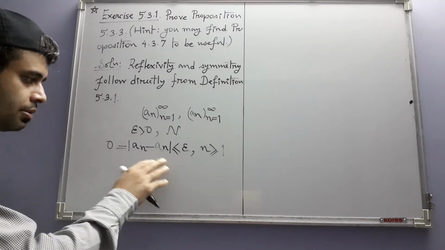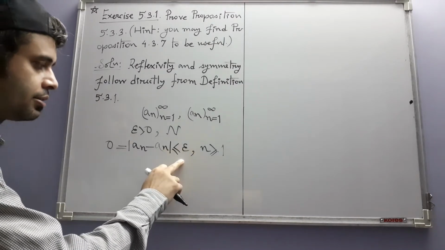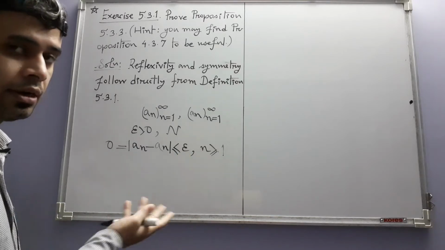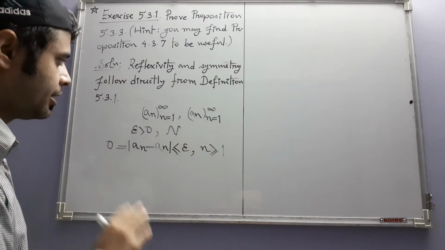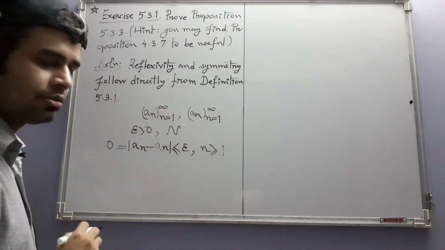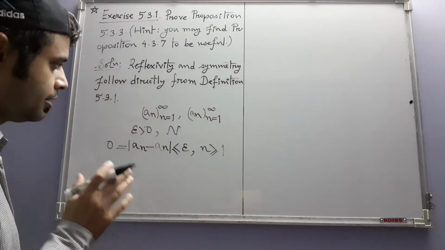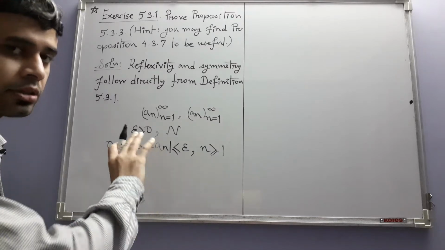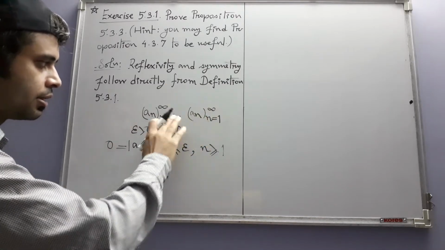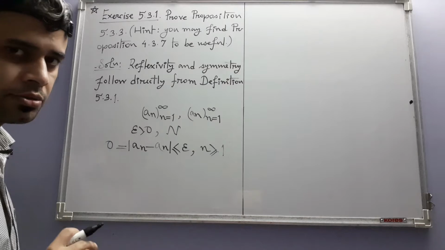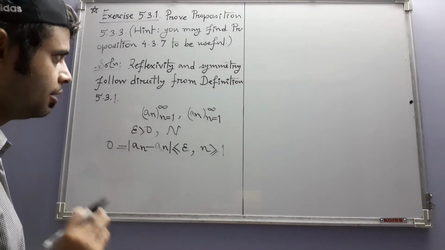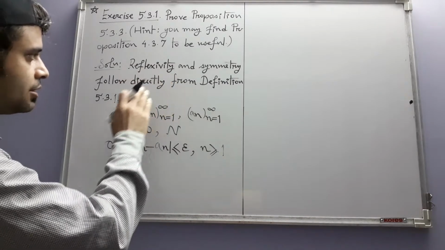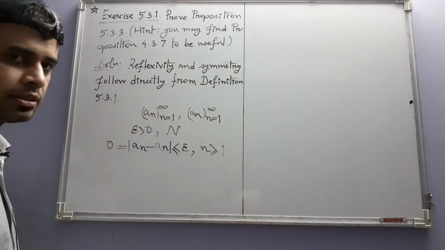So all such distances are less than or equal to epsilon, in fact strictly less than epsilon. That's why a_n is always equivalent to itself, and that relation is reflexive. That's why we are saying reflexivity follows directly from this definition.